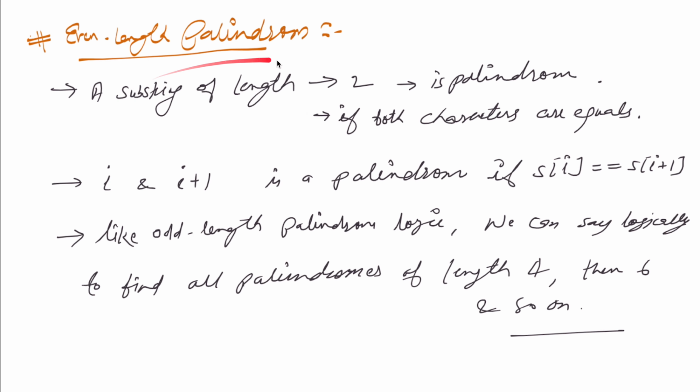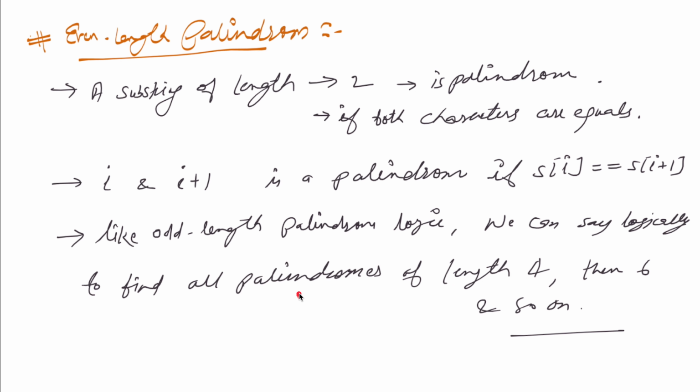Now understand the even length palindrome, like B, B, C, C. If a substring of length 2 is a palindrome, both characters are equal, like A, B, B. At a certain position i and i plus 1, if S at i equals S at i plus 1, that substring is a palindrome. Like the odd length logic, we can use this to find all the palindromes of length 4, 6 and so on, right?